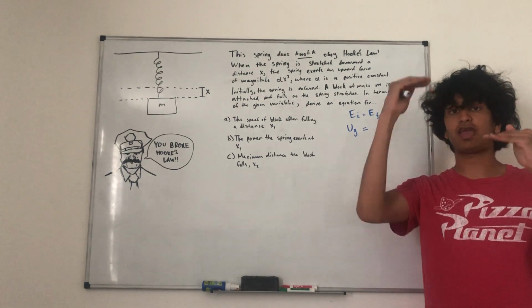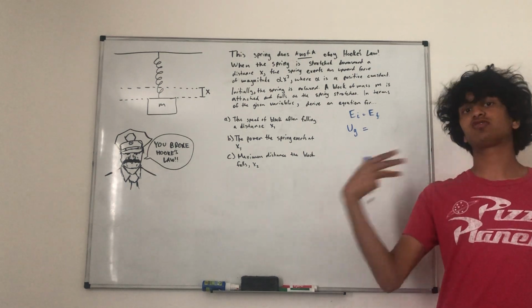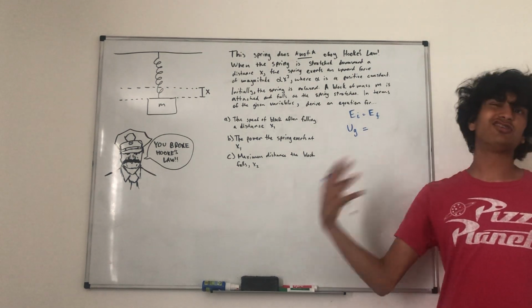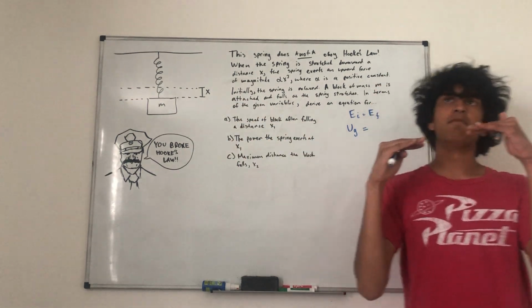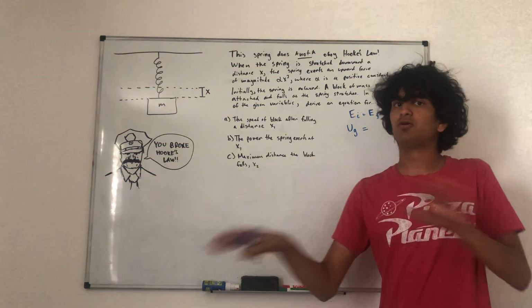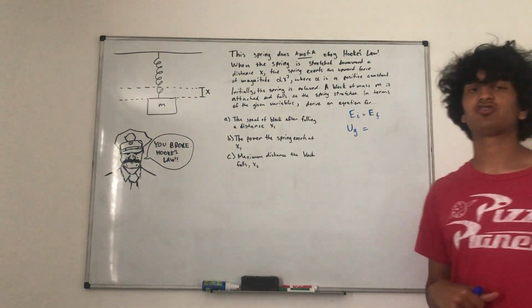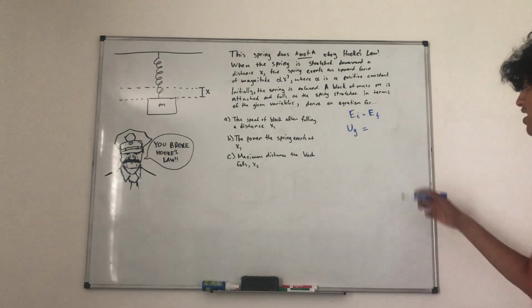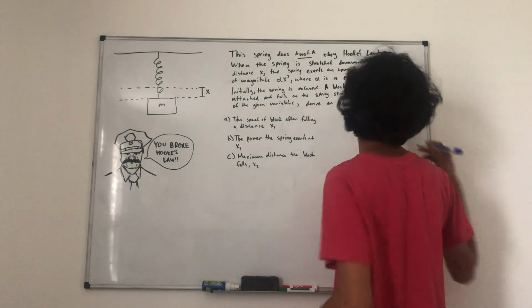Remember, UG is mgh. We can set h equal to 0 wherever we want, so I'm going to say h is 0 at x1. Relative to x1, no UG, but the spring is now stretched a certain amount, and it's also moving. So we're going to have some energy stored in the spring plus some kinetic energy.